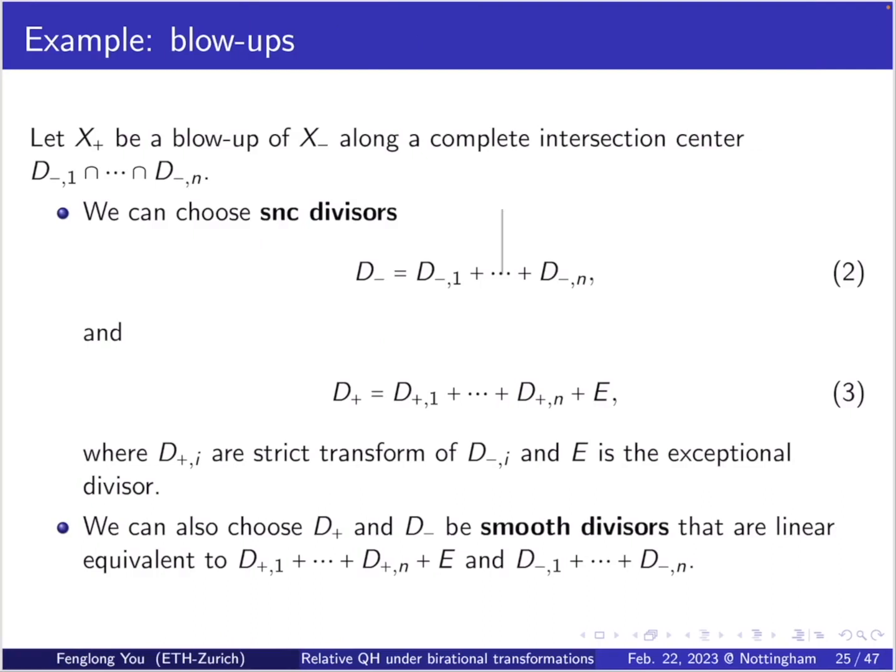Yeah. So let me talk about the explicit setup. An explicit example is the blow up. If X plus is a blow up of X minus along a complete intersection center D minus 1 intersect ... intersect D minus n, then what we can do is choose D minus to be a simple normal crossing divisor of these D_i's here, and then we can choose D plus to be the strict transform of each D minus i, plus the exceptional divisor.